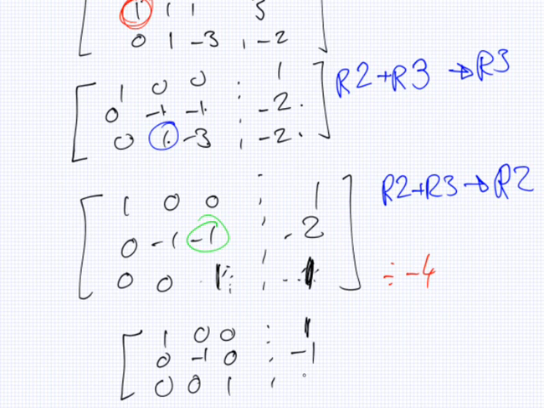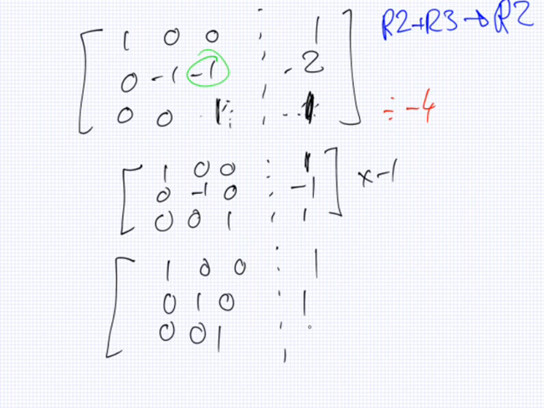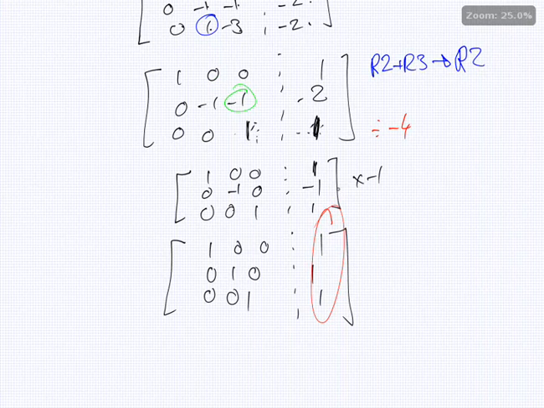Row 1 minus row 2 and put the answer on 2. 2 minus 2? 0. 2 minus 3? Minus 1. 2 minus minus 1? 3. And then 6 minus 4? 2.